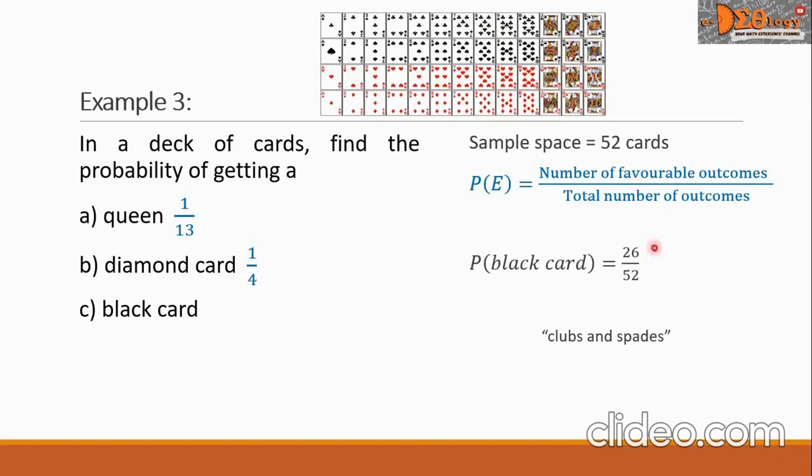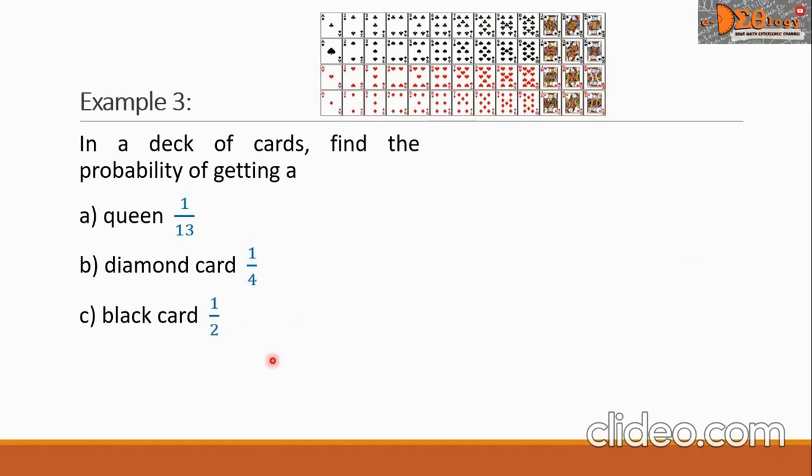So in the numerator we write 26 all over the total number of outcomes, which is 52. And then let us simplify this, reduce to lowest term, and this is equal to 1 over 2. And this answer we will copy opposite letter C. We are done with our example 3, and this is our final answer.